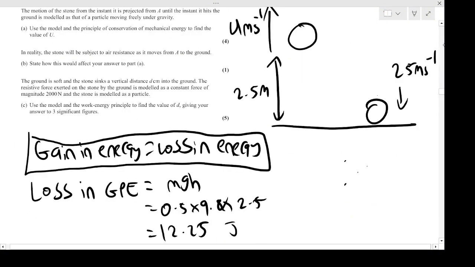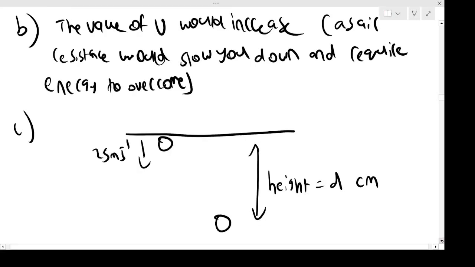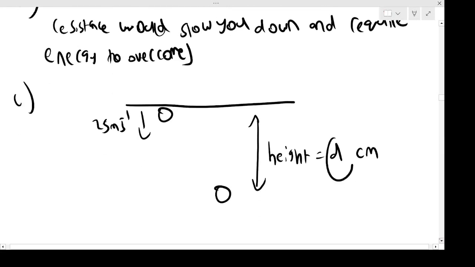Okay, so we know that the speed going into the ground is 25, so that's my initial speed. So that's when it hits the ground, but then after it goes underneath the ground by d, it has some other speed v.